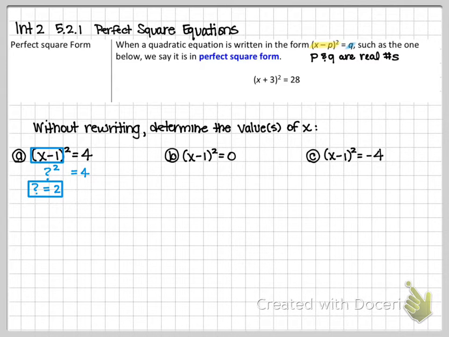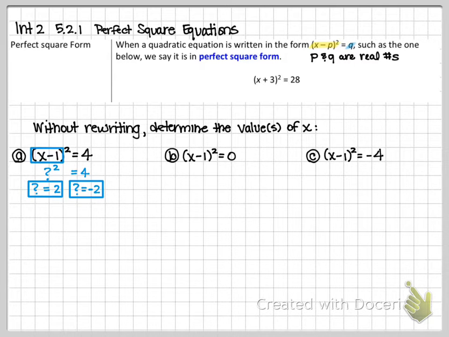But then maybe that something could also be negative 2, because I know that negative 2 squared would also work. So here I know that the thing, whatever it is, that when squared gives me 4, could be 2 or could be negative 2.